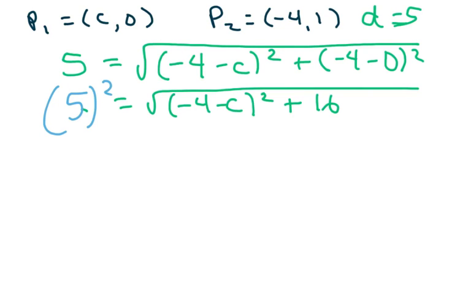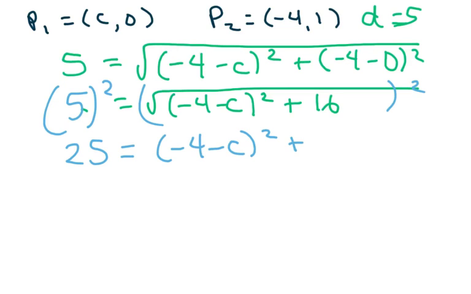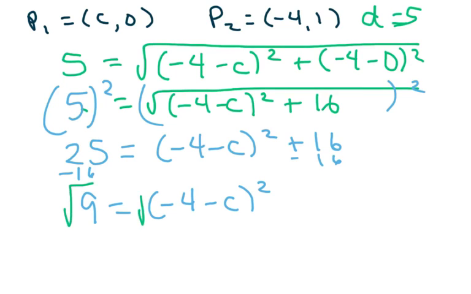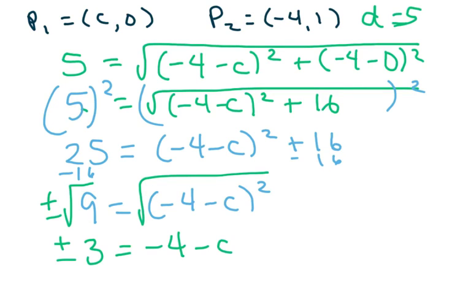When you square both sides, you get 25 equals negative 4 minus c squared plus 16. I'm going to subtract 16 from both sides. So you get 9 equals negative 4 minus c squared. You're going to square root both sides. Now remember, when you square root both sides, you do plus and minus. Looks almost like the other problem. Get plus or minus 3 equals negative 4 minus c.